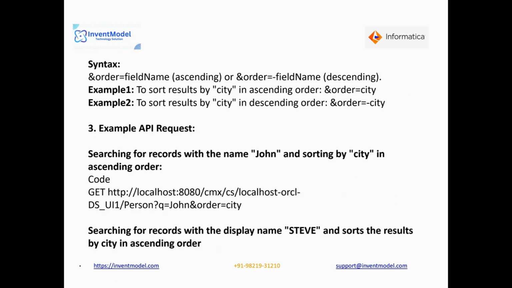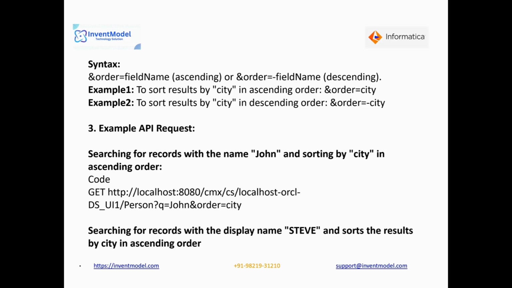Here we have put the general syntax for how we can do the sorting. We have order equal to the field name, and then we provide the sort order, whether we want ascending or descending. For example, if we want to sort the city in ascending order, we say order equal to city, and in the brackets we specify ascending. For descending, we specify order equal to city and then descending.